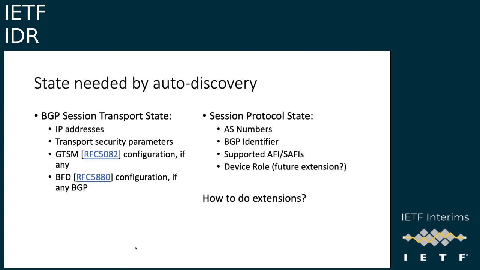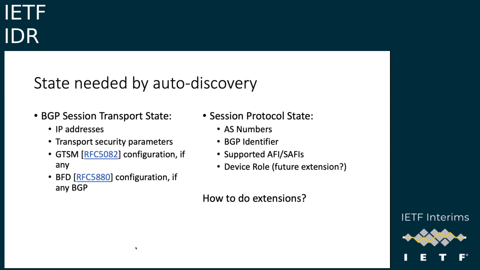The stuff that implementations will take a look at are things like AS numbers, potentially BGP identifier, especially for duplicate session detection if you happen to have things discovered at more than one layer. The list of address families that you're capable of peering at. Maybe you don't want to peer with a given session that's only advertising itself as v4 when a v6 session might be what you're looking to peer with. A very contentious bit of discussion is whether a device role in some flavor, as a discovery mechanism, would be useful.